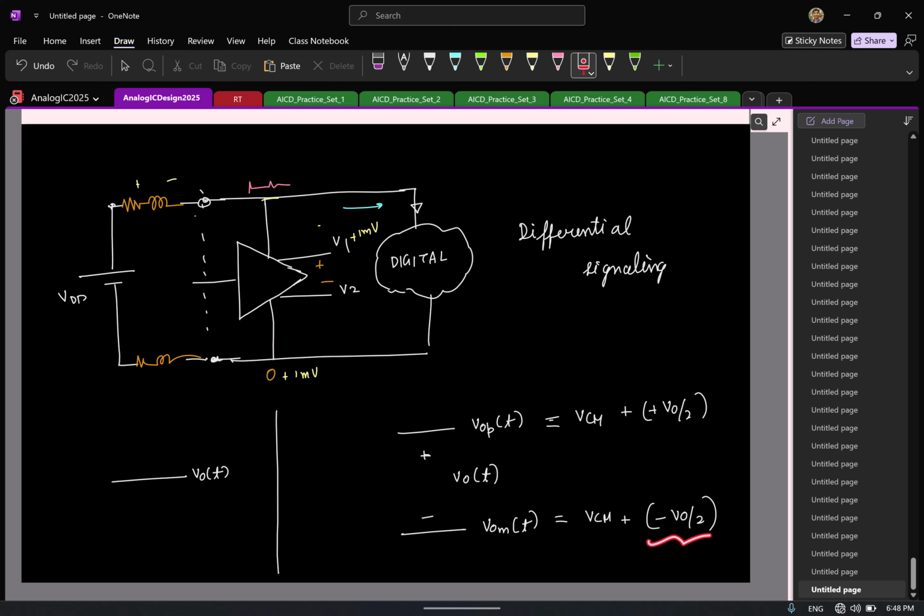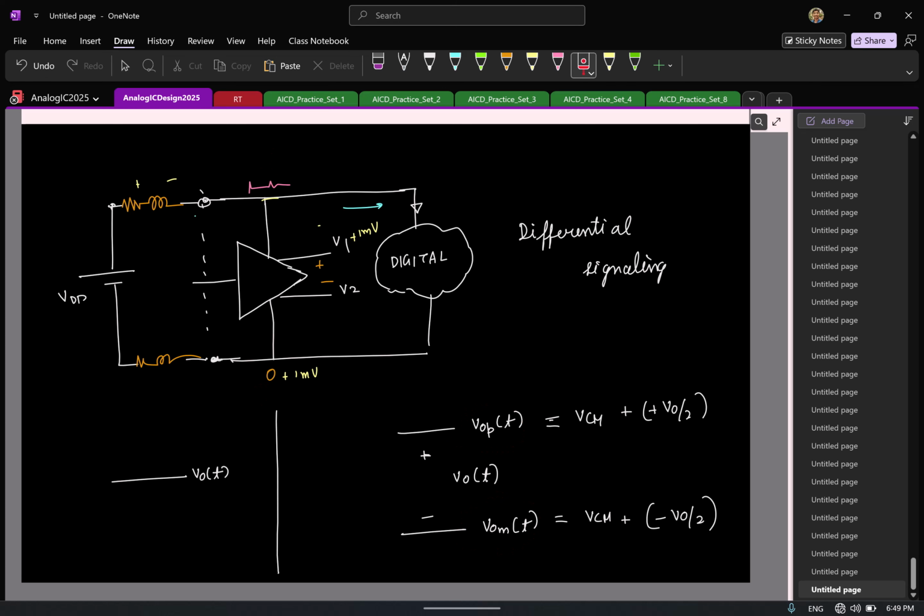On the other side, you have negative half of the output. So if I do that, let's see what will happen to my interference. So at least we know any issues on the ground and supply lines is taken care of, because any disturbance on these two lines will get impacted on the two outputs in the same way. So it will get cancelled if you take the difference.